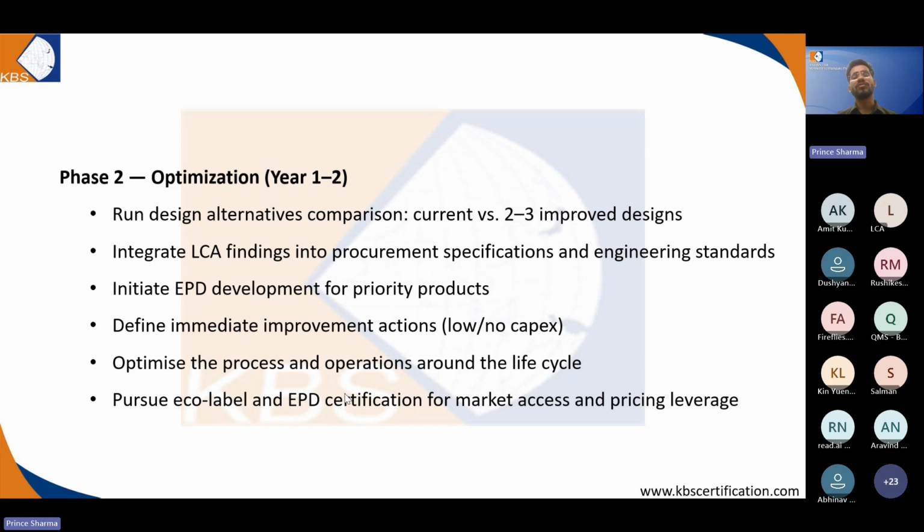You can also compare those products with the market leading products, and you can improve your products, right? And after that you can integrate your life cycle assessment findings into your procurement specification. Apart from that, you will also have the EPDs at that time. Right. So at that time, you will have an optimized structure at the very first level.